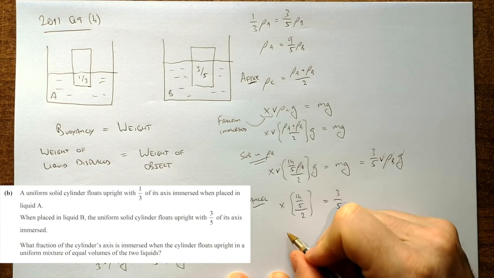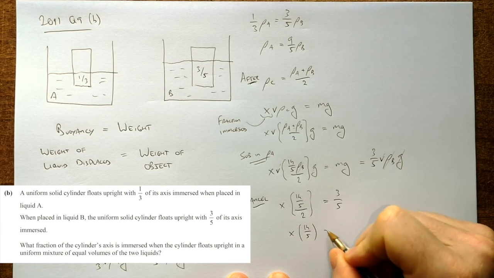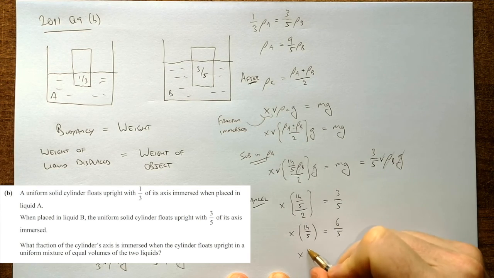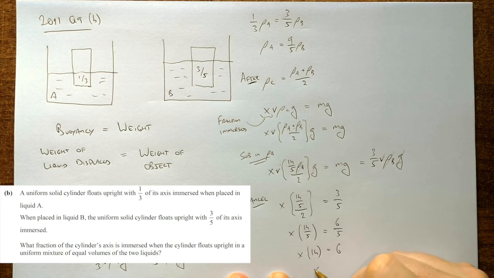Multiply by 2: x times 14 over 5 equals 6 over 5. x times 14, 14x if you like, equals 6. We'll knock out the 5s. x equals 6 over 14 equals 3 over 7.